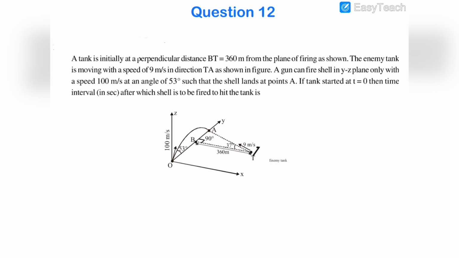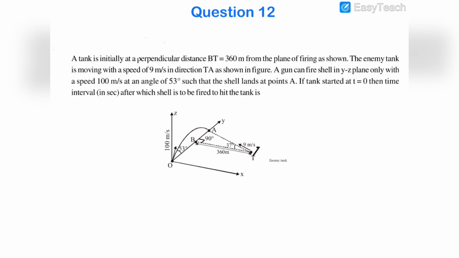This enemy tank is moving towards this A with a speed of 9 meters per second along this direction TA, and this gun is fired with a speed of 100 meters per second at an angle of 53 in such a way that it lands at this point A. If this tank started at t equal to 0, then find the time interval after which this shell should be fired so that it hits the tank.